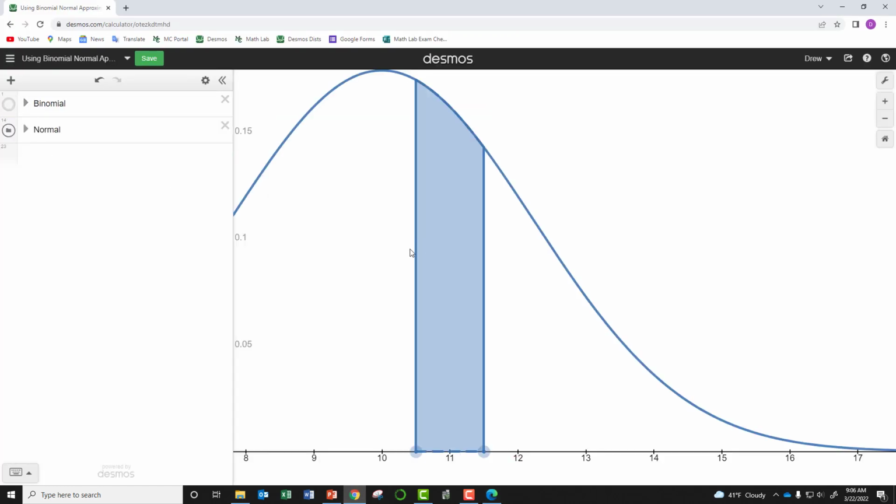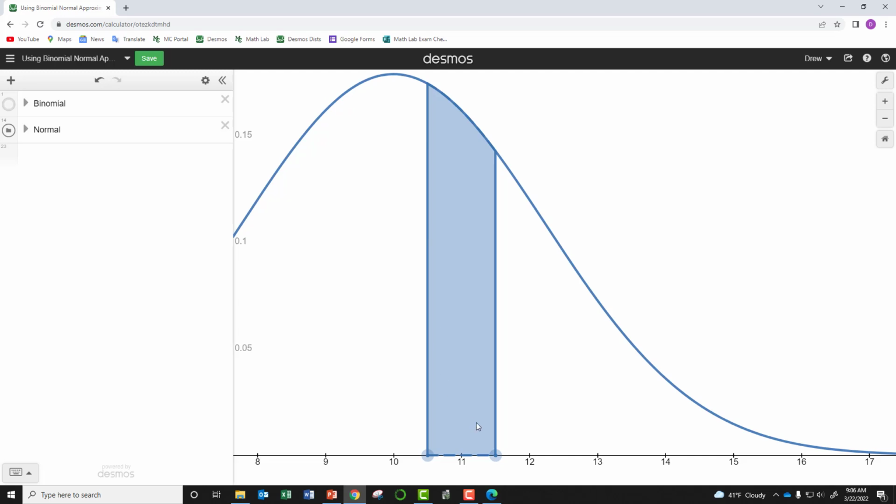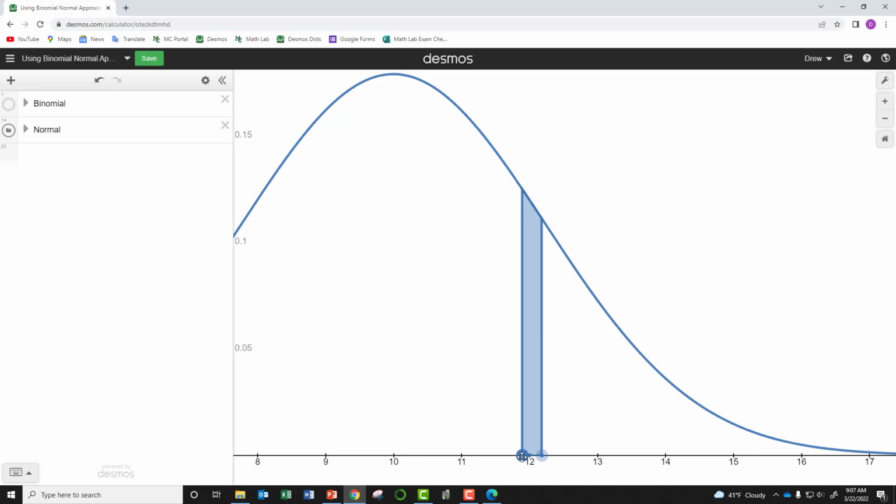So to replace my binomial with the normal distribution, and I'm trying to calculate the probability, which is the area under the curve, whenever x is equal to 12, this area is going to vanish if I let my lower bound and upper bound be 12. And so there's a 0 probability of getting exactly 12 for a continuous random variable.